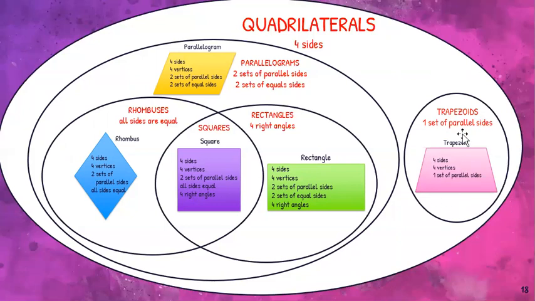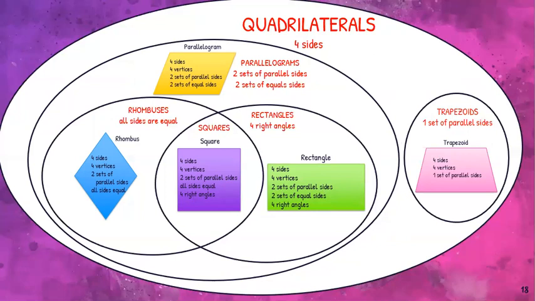So we're going to have a trapezoid group over here. Trapezoids have one set of parallel sides, but they're still a quadrilateral. They're still going to fall in this quadrilateral group. And then there are other quadrilaterals that we don't talk about in third or fourth grade, like the kite, but we don't talk about that one. So there could be other quadrilaterals in other parts of this.